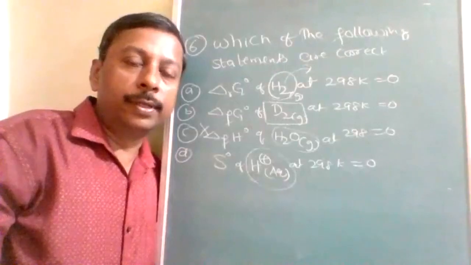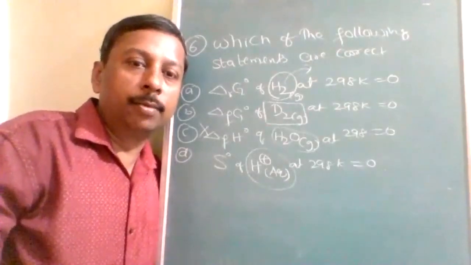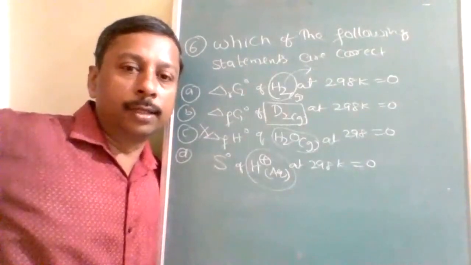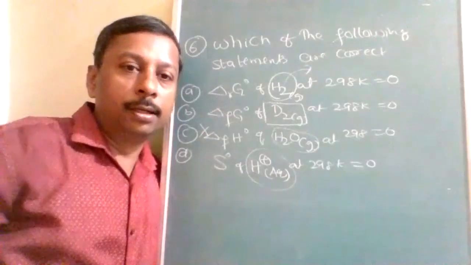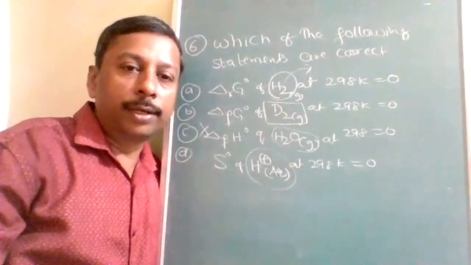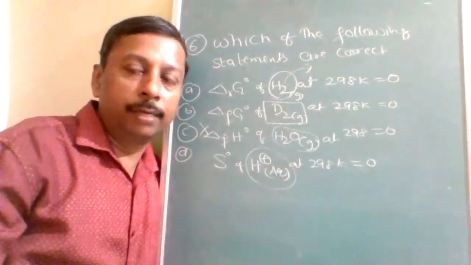Okay, so which enthalpy of formation is zero? Like monoclinic and rhombic sulfur, white phosphorus and yellow phosphorus. All these are mentioned in the video lecture of thermodynamics in thermochemistry, enthalpy of formation. On the thumbnail you will find it.